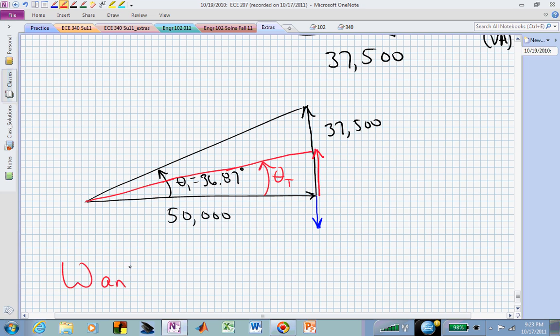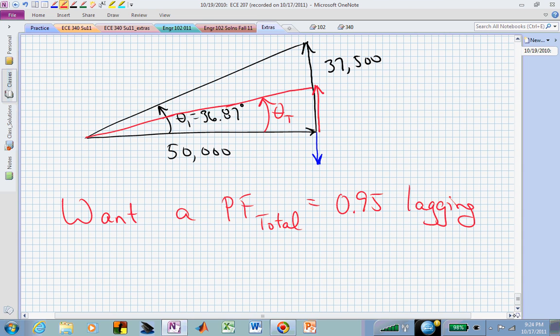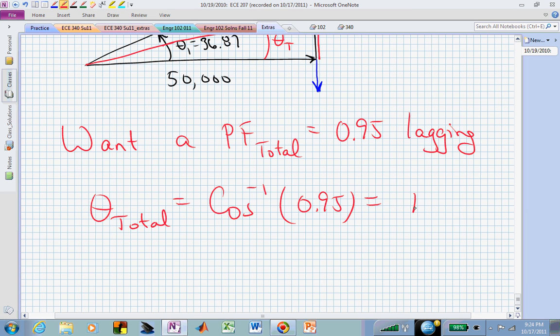We want a total power factor equal to 0.95 lagging. Because of that, we can find that angle theta total, which is the inverse cosine of 0.95.